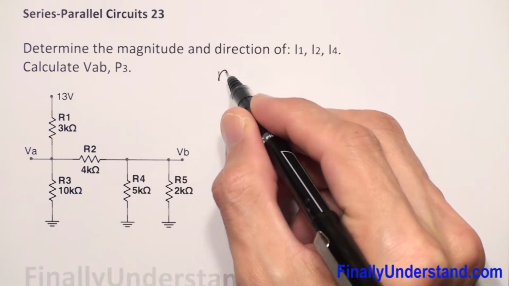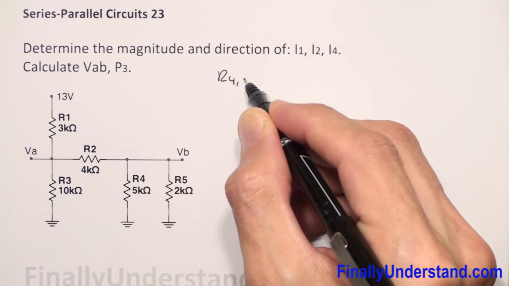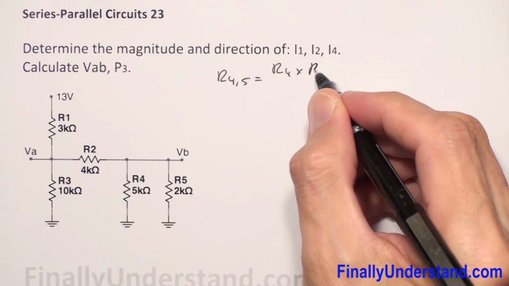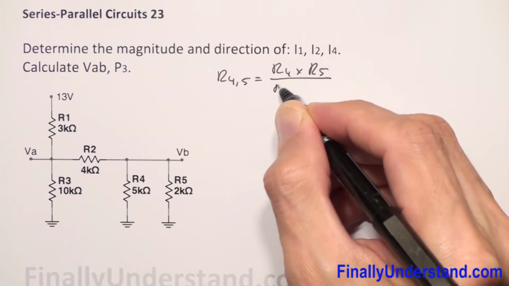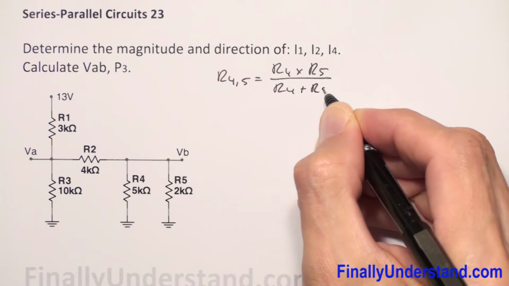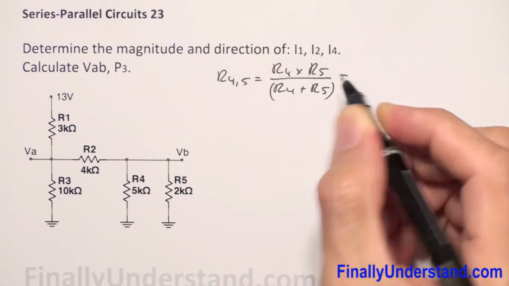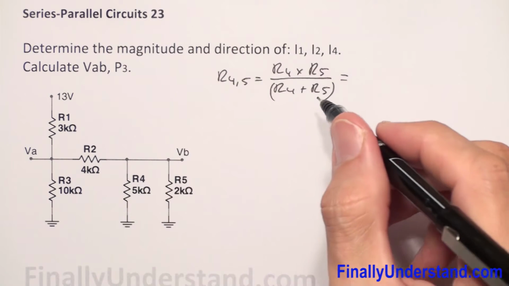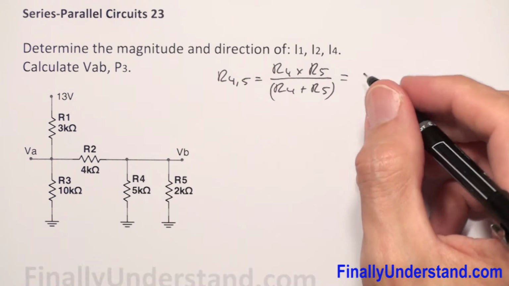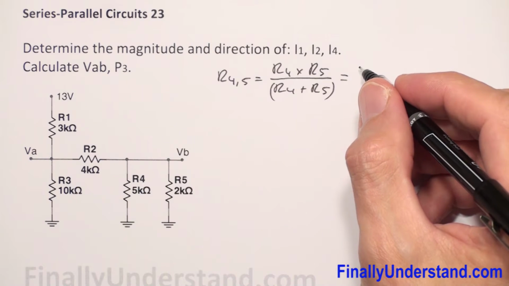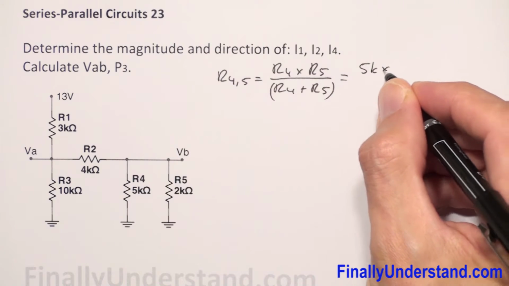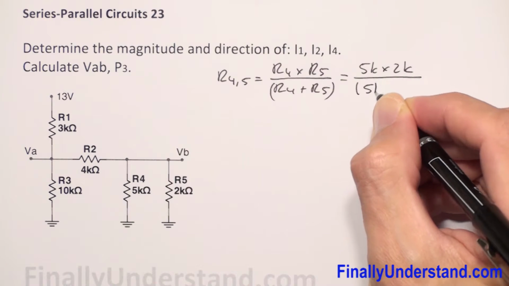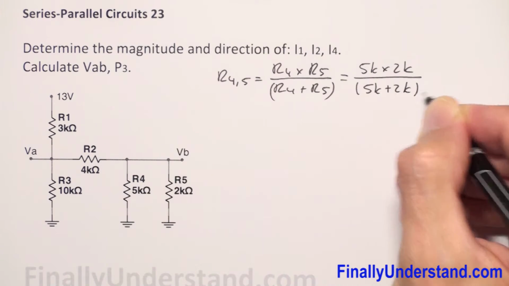So I have R45 is equal to R4 times R5 over R4 plus R5, because these two resistors are in parallel and I have just two resistors, that's why I'm using the product over the sum. So I have 5K times 2K over 5K plus 2K.